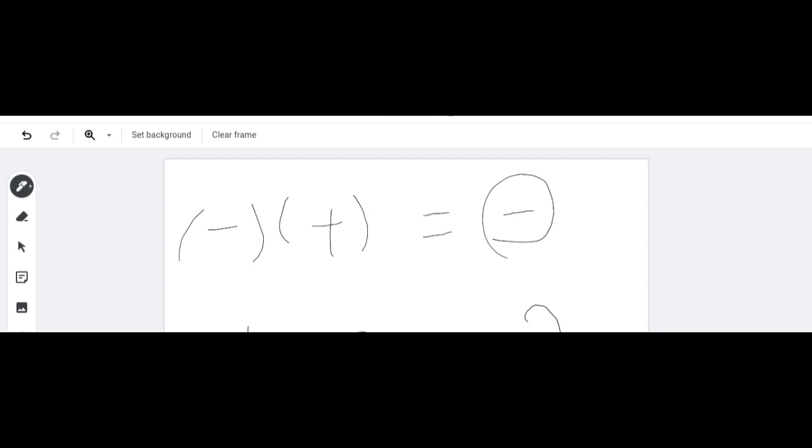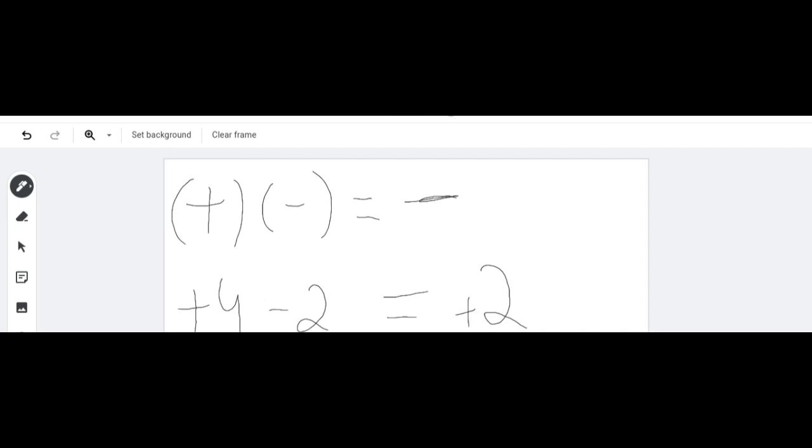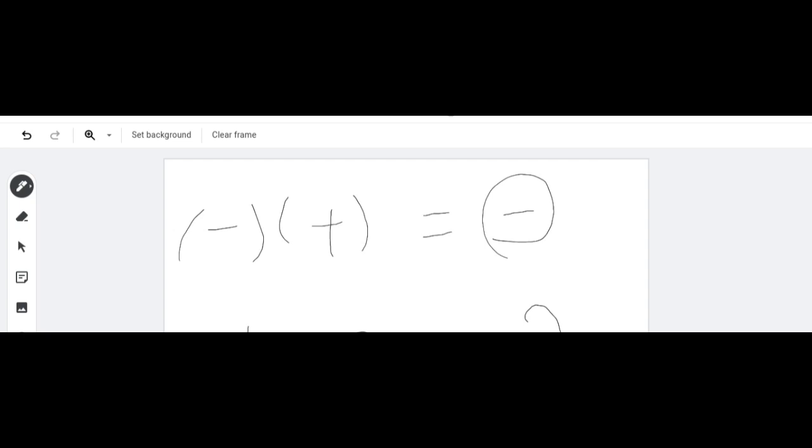But there is one thing which is different: 4 is greater and has the minus sign, so I have to use the minus sign with the answer. Then the answer will be minus 2. Understood? Any question? No, ma'am.